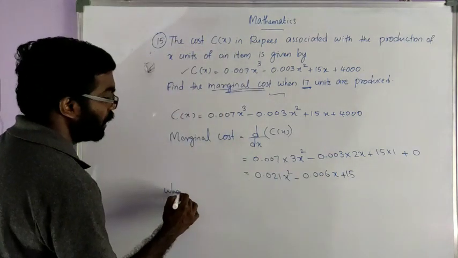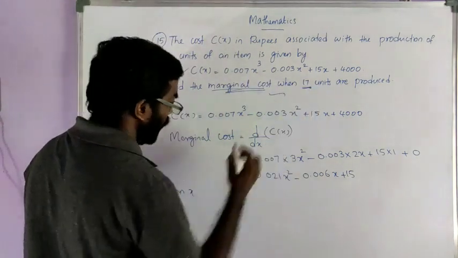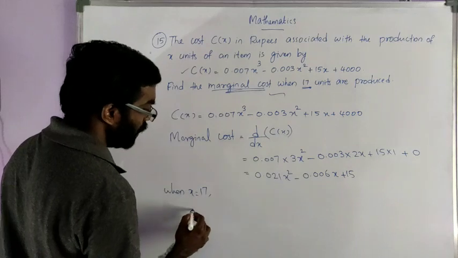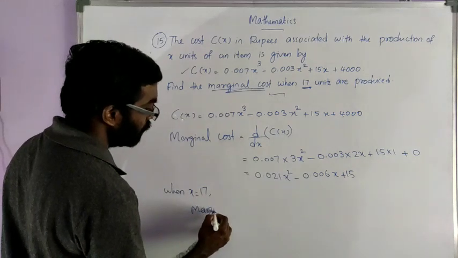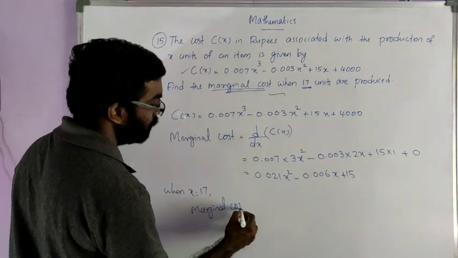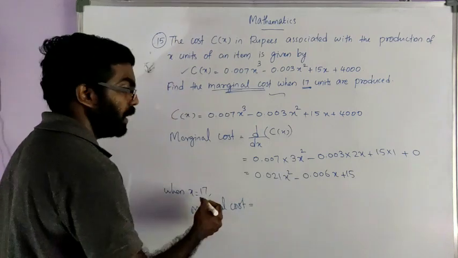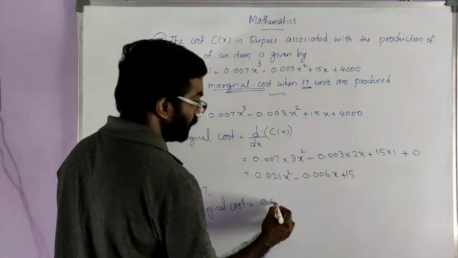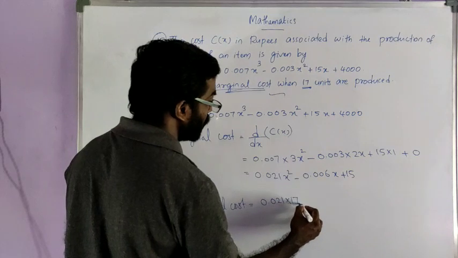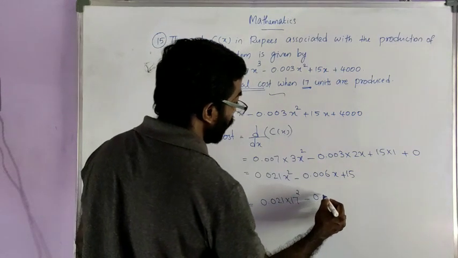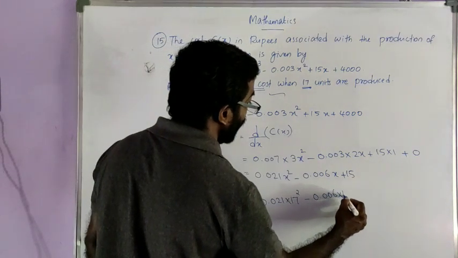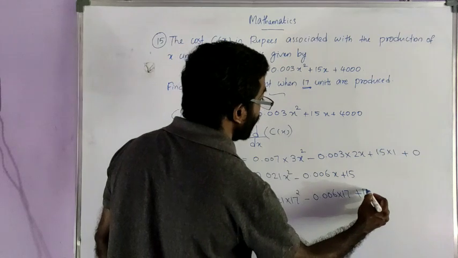When x is equal to 17, the marginal cost is equal to, we can replace x by 17, 0.021 into 17 square, then minus 0.006 into 17, then plus 15.